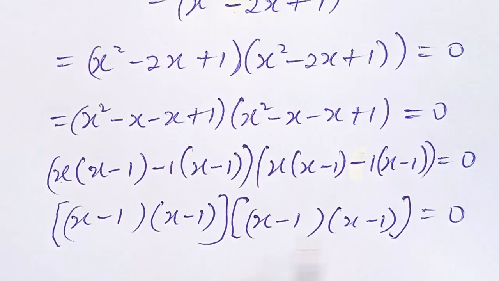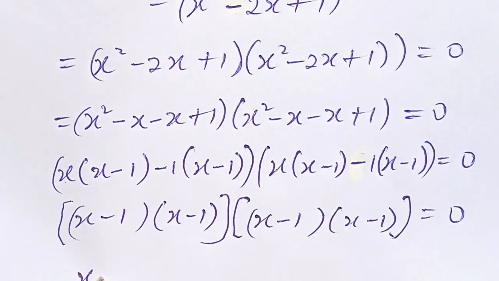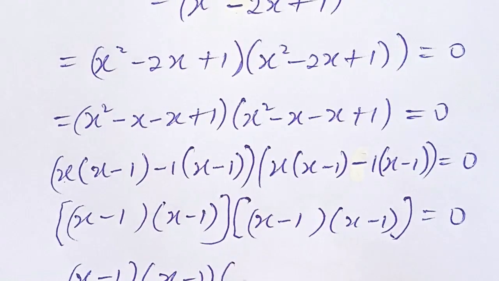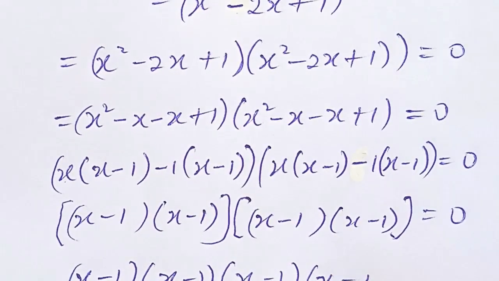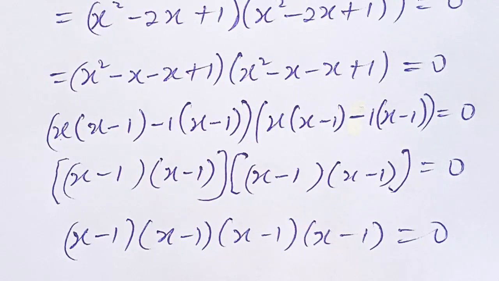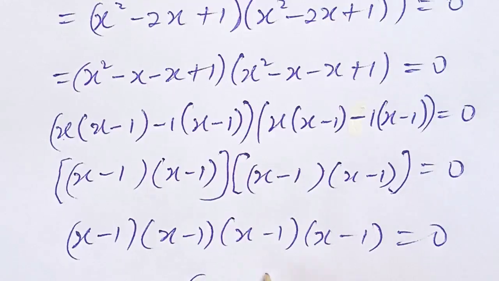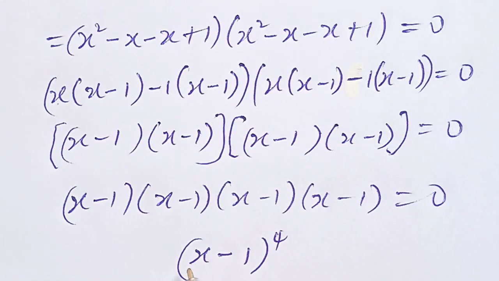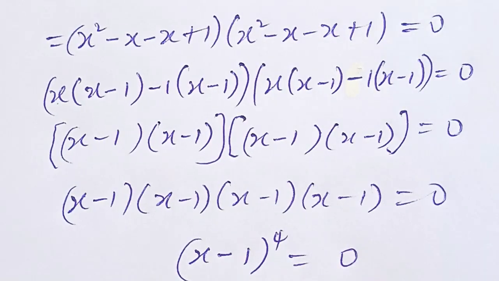So we have x minus 1, x minus 1, x minus 1, x minus 1 equal to 0. And this can be written as (x minus 1) to the power of 4, which is equal to 0.